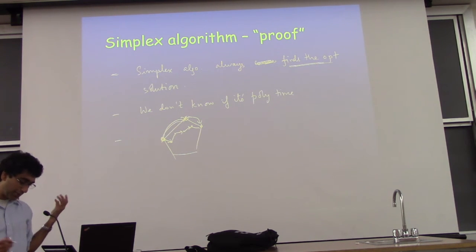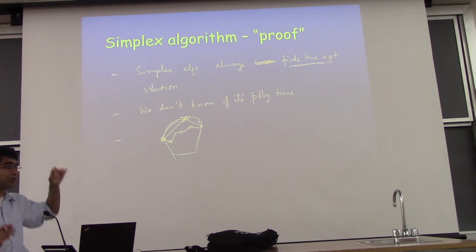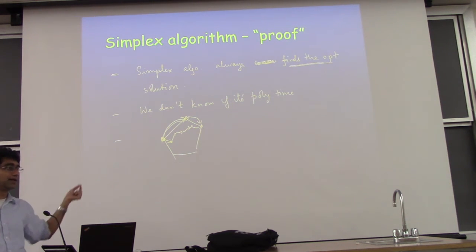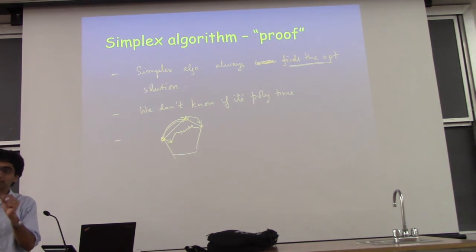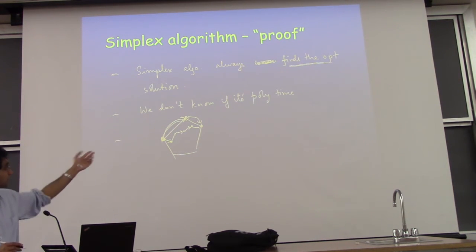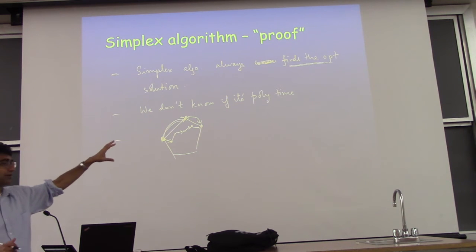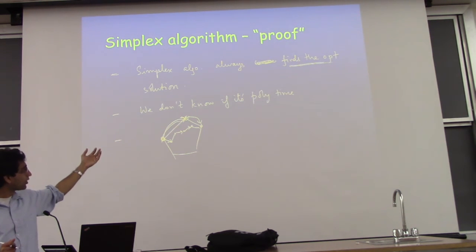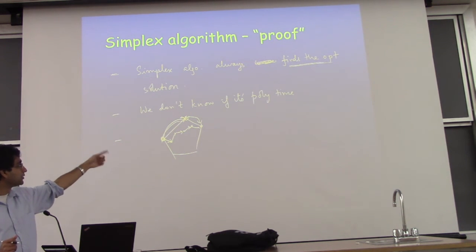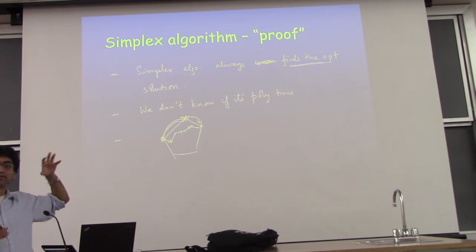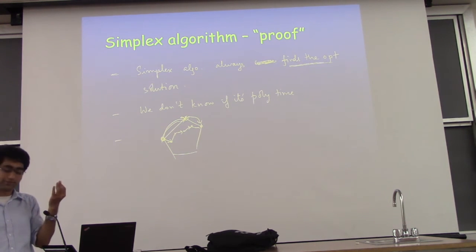Jumping to corner points ends up making much more significant progress than doing these small steps. And in some sense, many of these ellipsoid methods and provable methods go through what is called the interior point of the polytope.